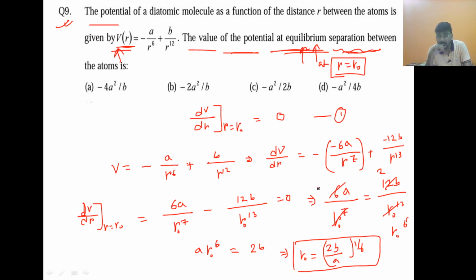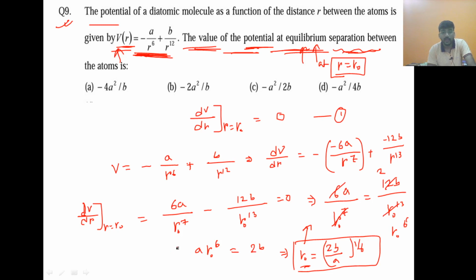No option is given here for this. So r0 is equal to 2b by a to the power 1 by 6 is the equilibrium distance, but we need to find out the value of the potential at that point. So we need to substitute this r0 in this equation. We need to find r0 to the power 6 and r0 to the power 12.